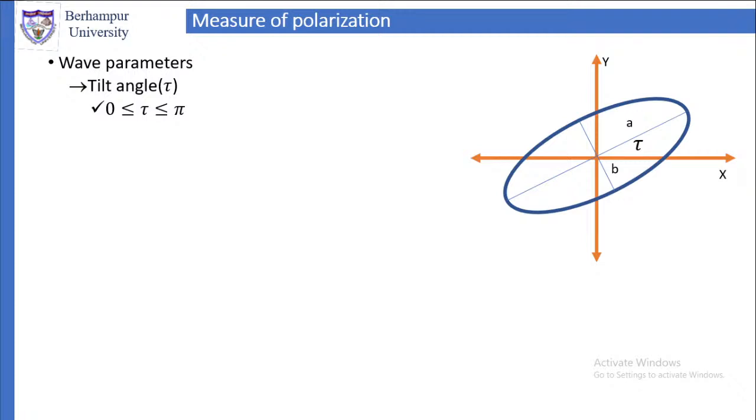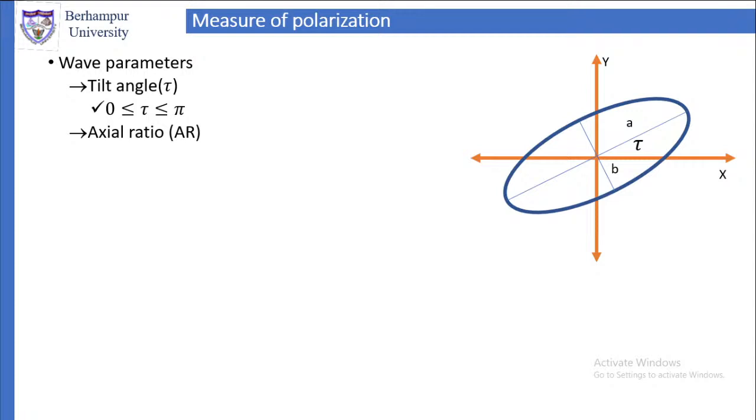Then the other parameter is called the axial ratio, or AR. Axial ratio is the ratio between the two axes of the ellipse. One is the semi-major axis, the other is the semi-minor axis. The ratio between the semi-major axis and the semi-minor axis is defined as the axial ratio of the ellipse.